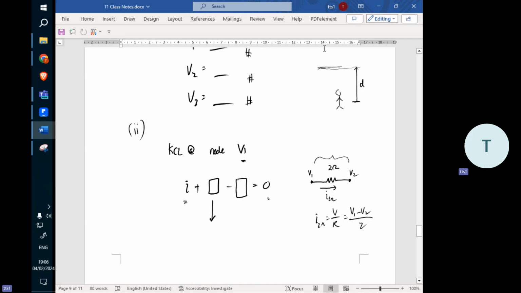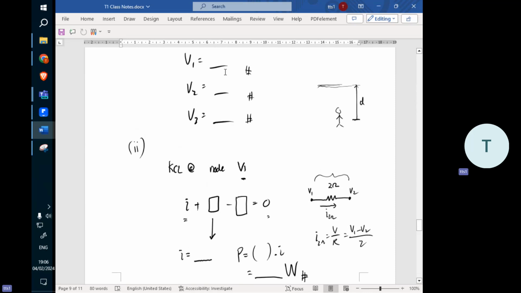After that, you should be able to find the I. At the end, you can find the I. I is very important, okay? And then the power is actually something multiplied by the I. Is it the last answer? The power is something multiplied by the I. You can tell very clearly, right?